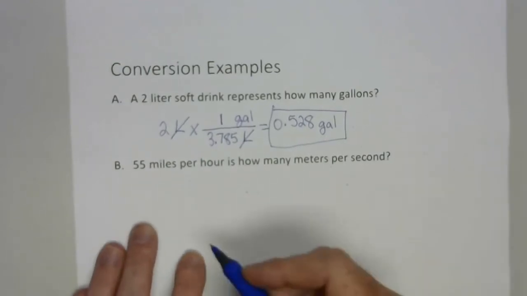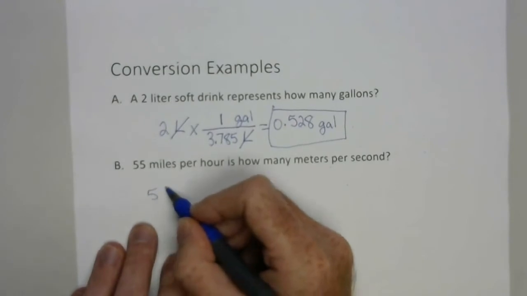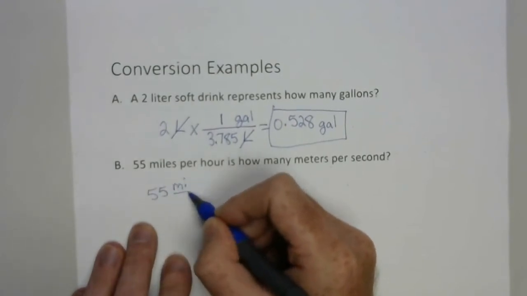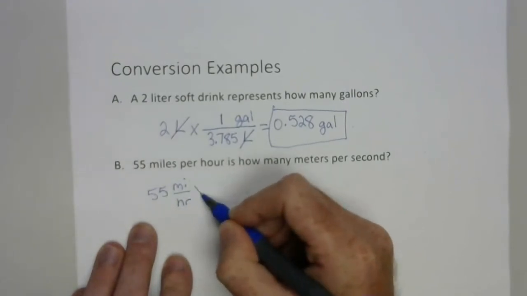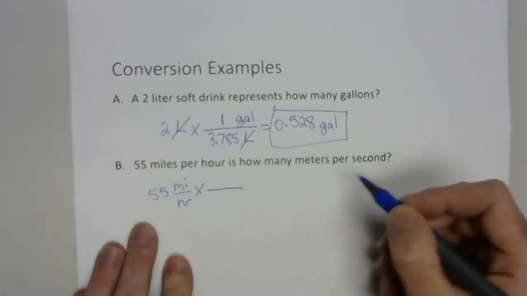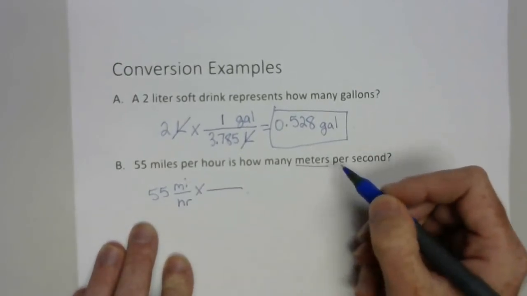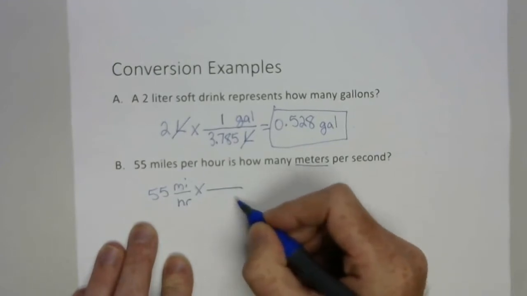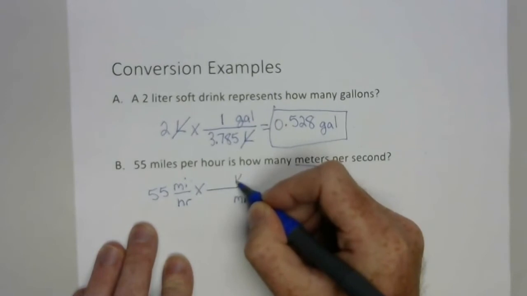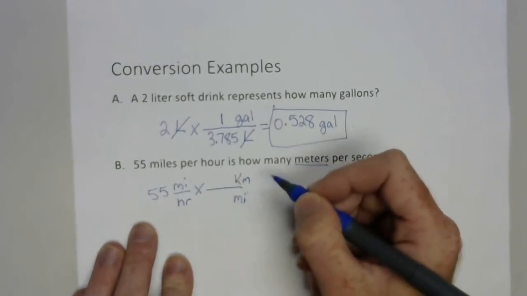This last one is a little bit tougher because there's more than one unit going on. So you got 55 miles per hour. Now we've got to convert the length unit and the time unit. We want to go to meters. So we put miles on the bottom. We can put kilometers on the top because we have that conversion.